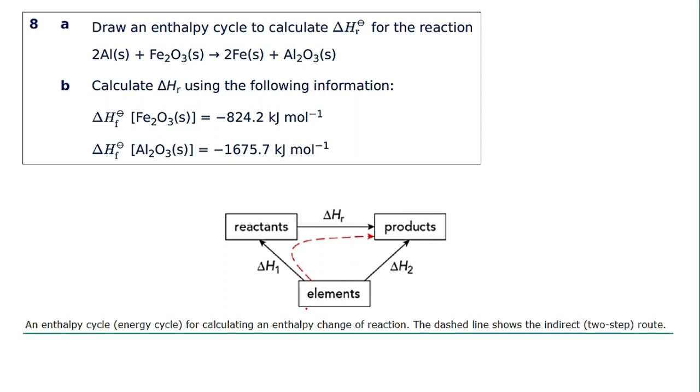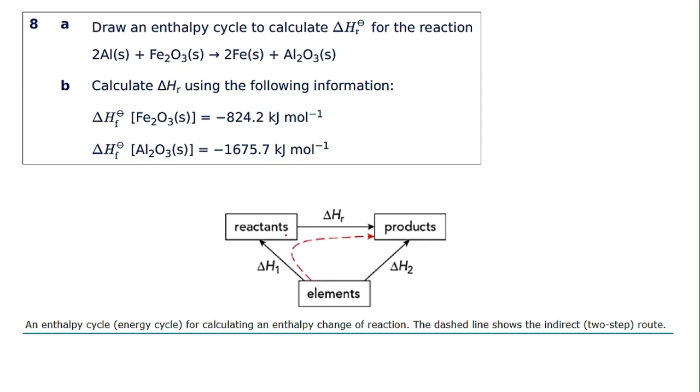So elements we are going to write here at the end. The elements should be in their standard state. Changing the elements directly into the products will be a direct method having delta H2 as the value, and changing the elements first into the reactants will be delta H1, and then this reactant will move toward the product.